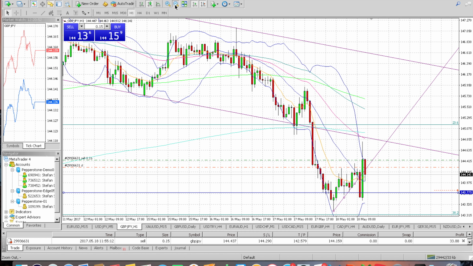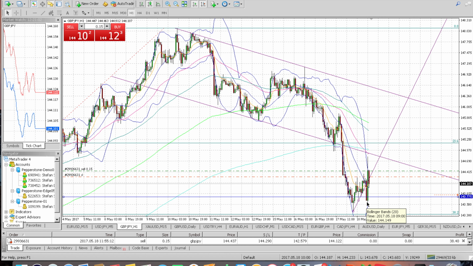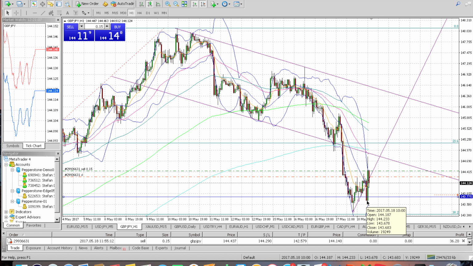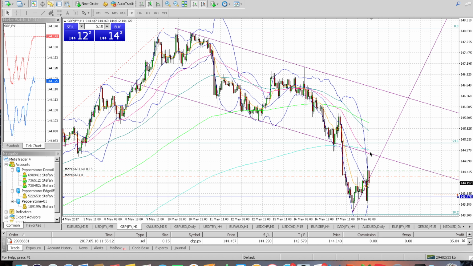If you remember this channel formation on the pound Japanese yen, the price has broken out through this channel and tried to continue this downward trend. But then the news have driven the price very high. And this is where the price reversed. This is exactly at the breakout of the channel.